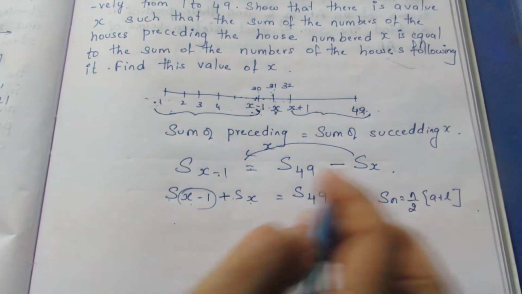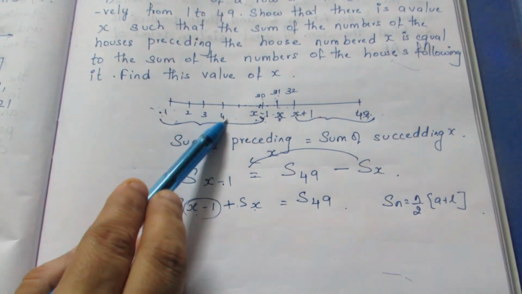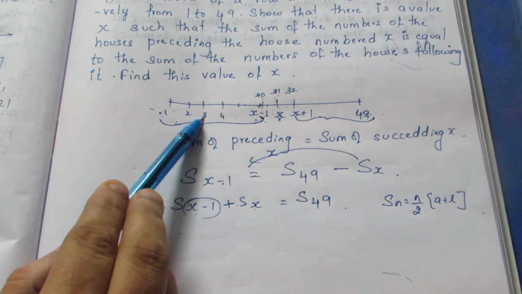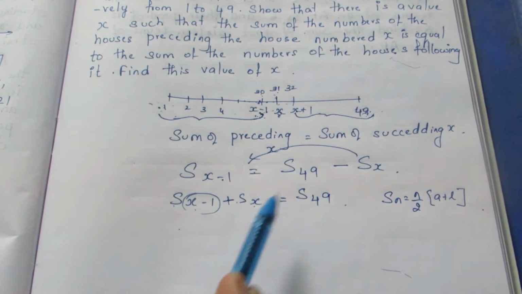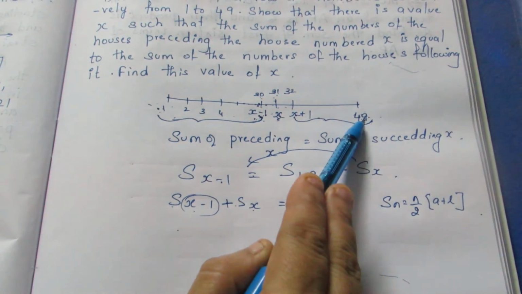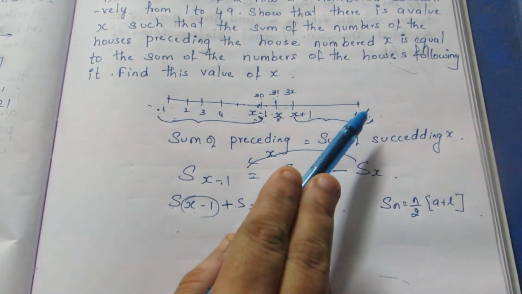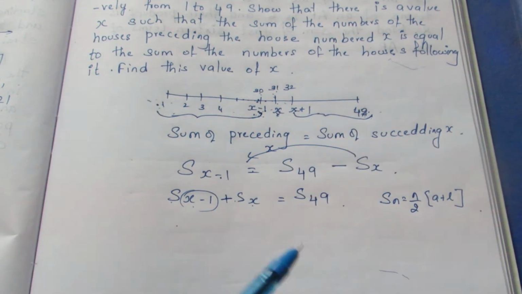For S4 the last term is 4, for S3 the last term is 3, and for S49 the last term is 49. So n is also 49.